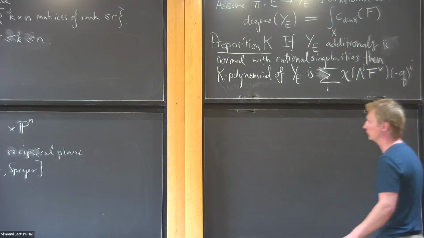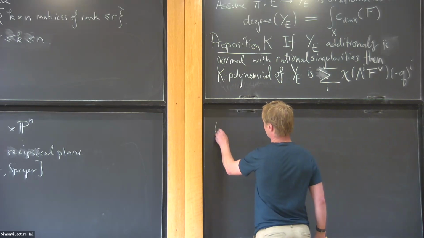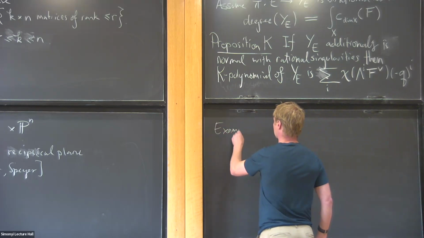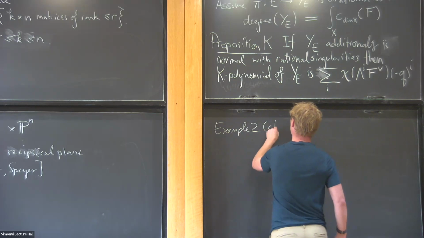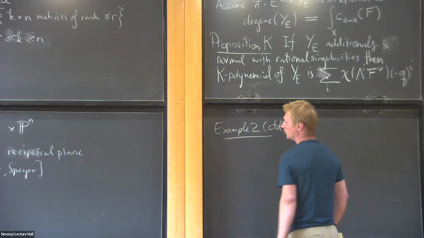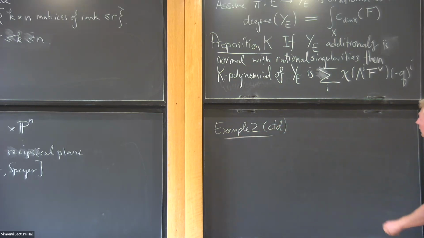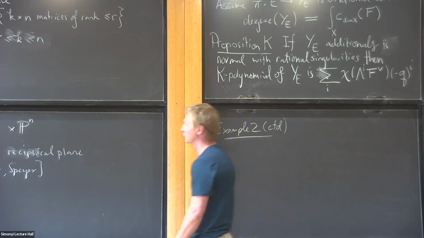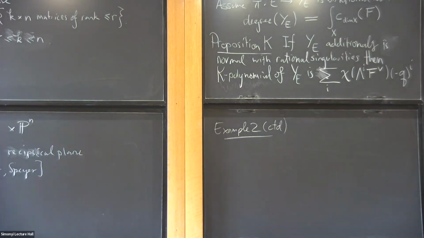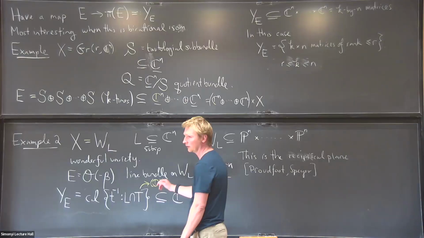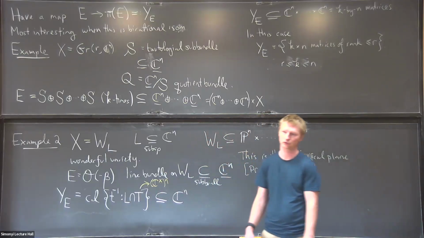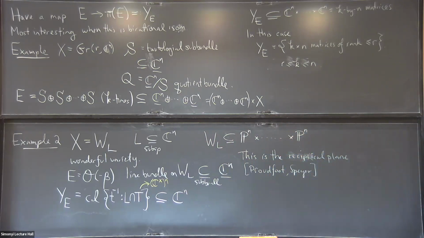Okay, so example 2, continued. So I can use proposition C and proposition K to compute the degree and the K polynomial of the reciprocal plane.